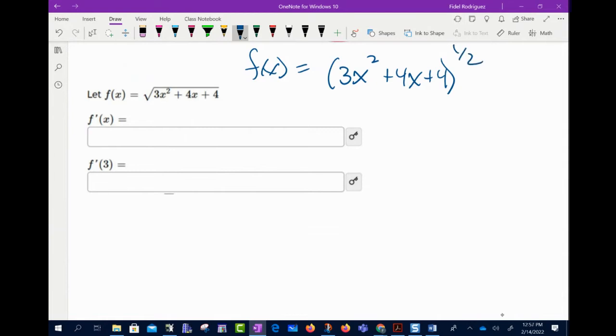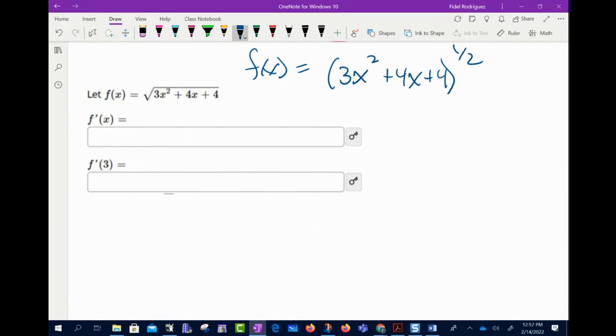Positive 1/2. It would be negative, John, if it was on the bottom. But you're right. The 1/2 is correct. Okay? So if I had, suppose my function was 1 over the square root, then it would be a negative 1/2 because it was on the bottom. We picked it upstairs, so the sign of my exponent changed. If it's just a regular square root, the power is 1/2.